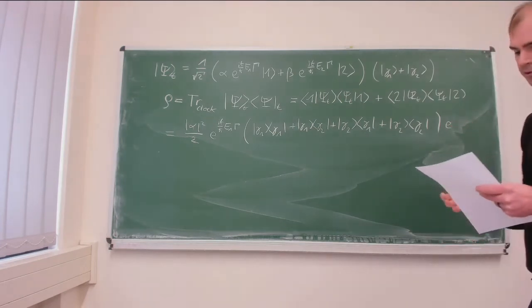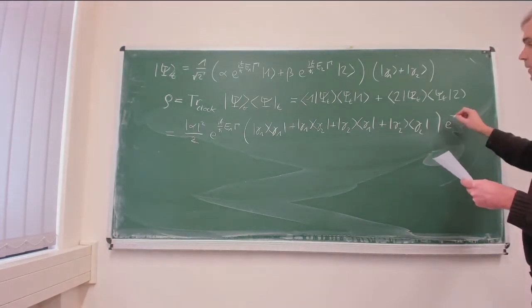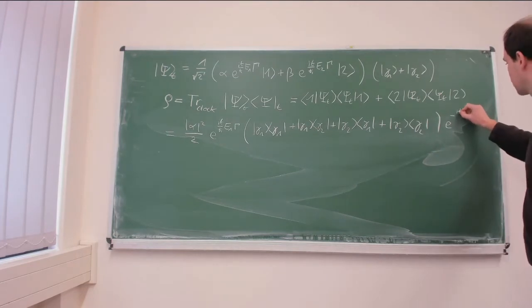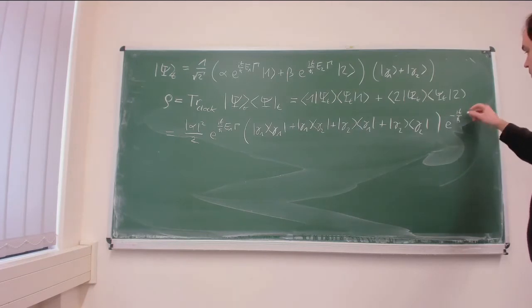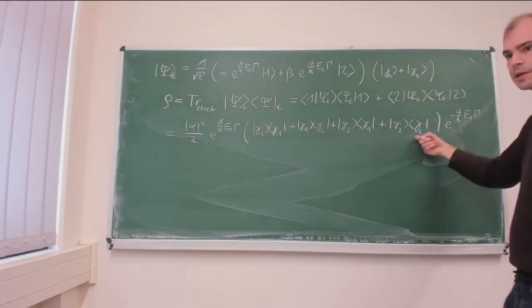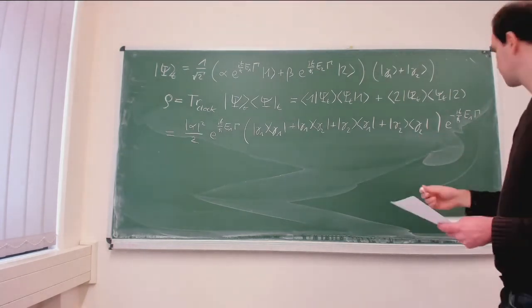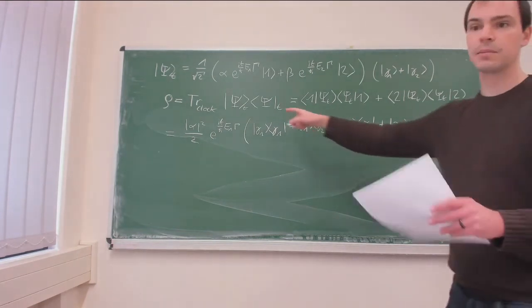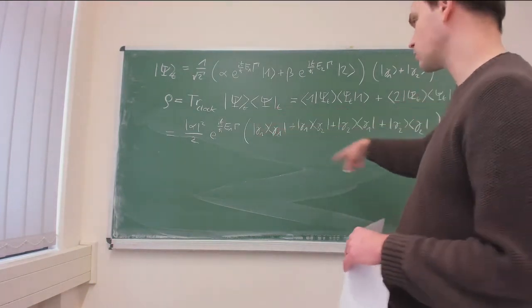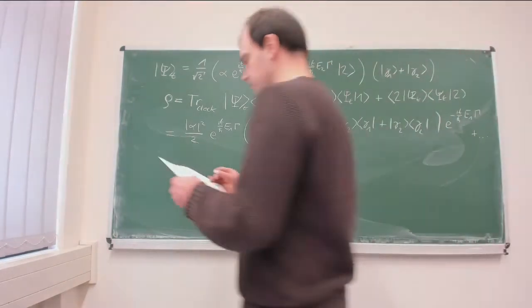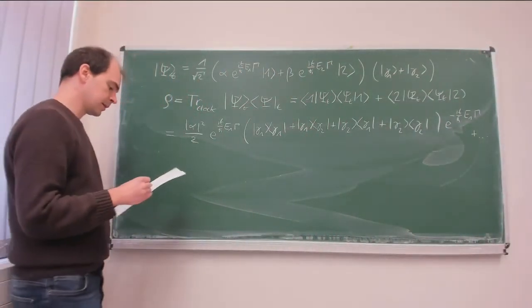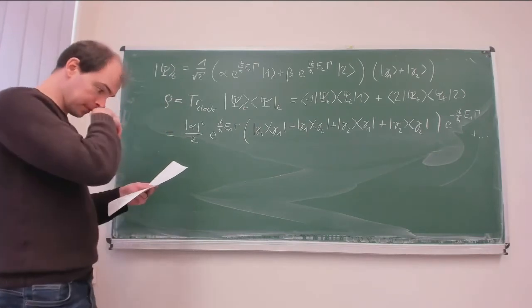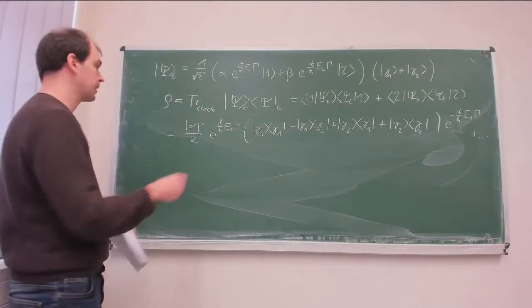And finally we have e to the minus it divided by h bar E1 gamma, acting from the left here on this state. And then I just put dots here. We have plus the same with beta and 2 everywhere. And now we can expand this.